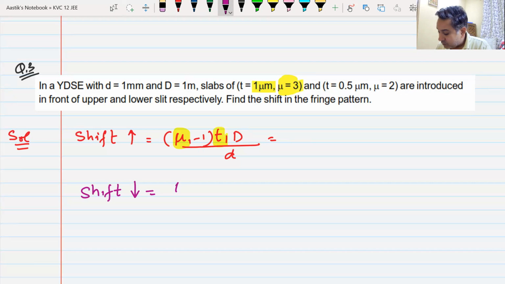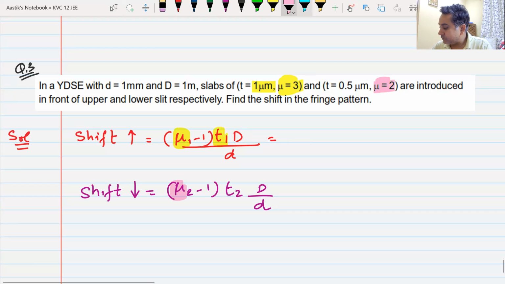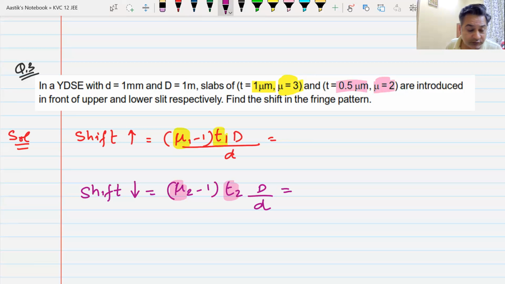Shift downwards will be equal to mu2 minus 1 into T2 into D by d. Mu2 is 2.2, T2 is 0.5 micrometer. From there, you will get the shift downwards. Now you can find out which shift is more.